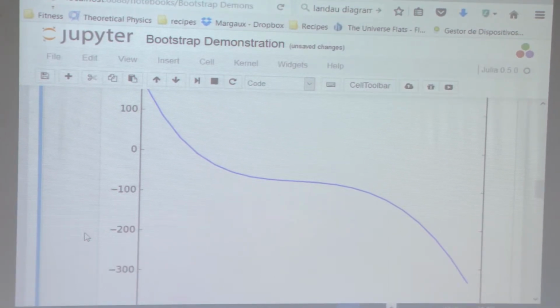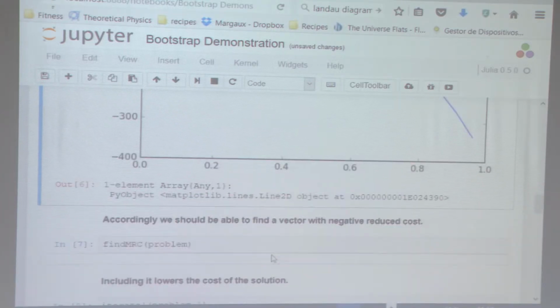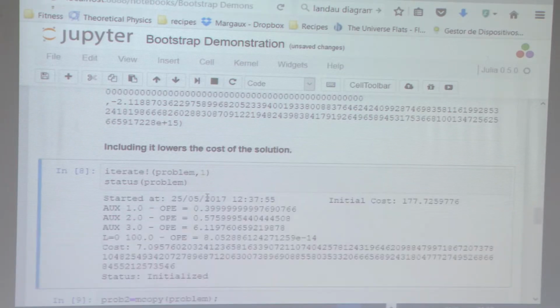We're going to pick the vector for which the variation of the cost is maximal. So you ask the algorithm, find me a vector for which the cost will decrease. This is called a vector with negative reduced cost. And it's found one.